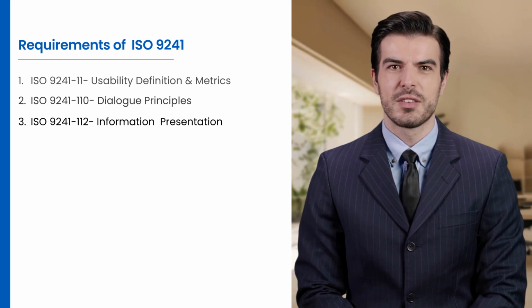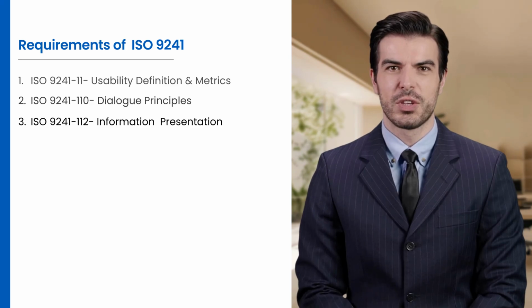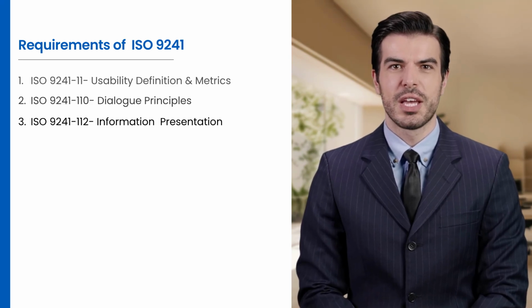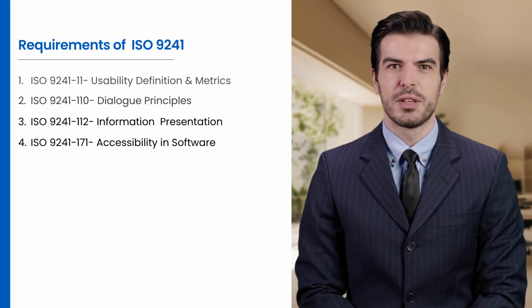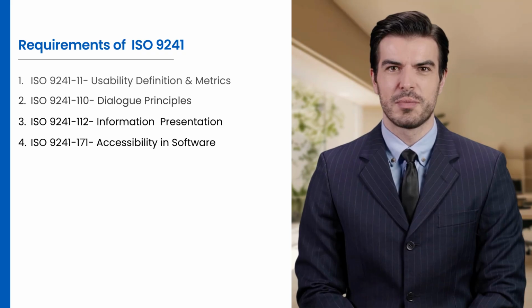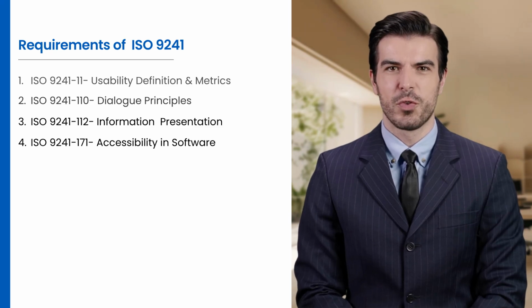Today, we will cover ISO 9241-112, which focuses on information presentation, ensuring content is structured and easy to understand. ISO 9241-171 addresses accessibility in software, making systems usable for people with diverse abilities. Together, these standards ensure systems are usable, accessible, and user-focused.